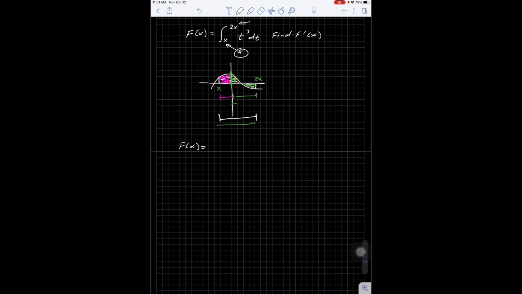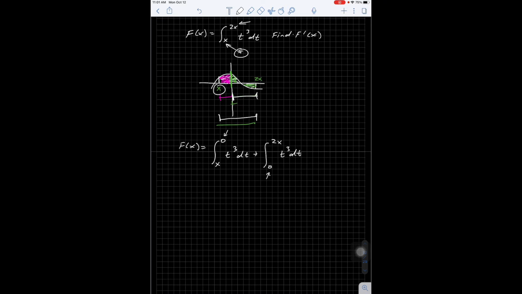So I'm going to go from my left bound x to 0 of the function, and then I'm going to add that to 0 to 2x of the function. All right. Now I fixed the issue that I don't have numbers involved. Now I have numbers.